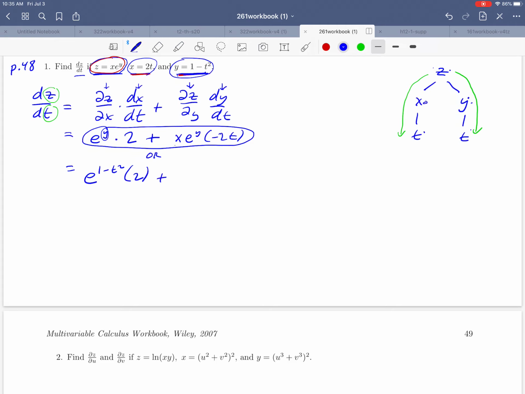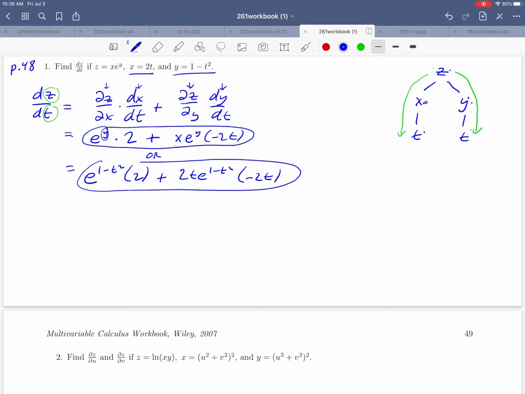Similarly for the x e to the y, if you fill in what x and y are equal to, this is getting a little cluttered, so let's erase a little bit. x is 2t and y is 1 minus t squared. If we fill those in, we get that, which is just another way of writing the answer that we have here.